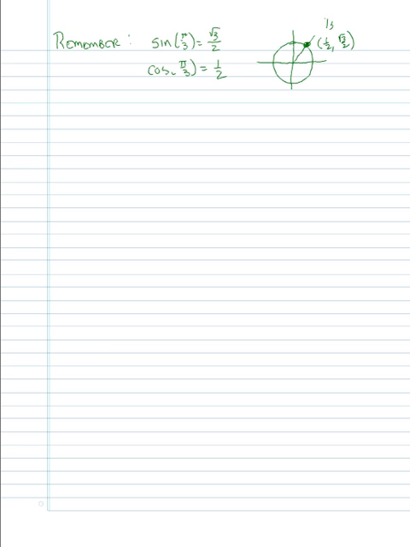Now we're going to be asked to calculate exactly the tangent of pi/3, the cotangent of pi/3, the secant of pi/3, and the cosecant of pi/3.